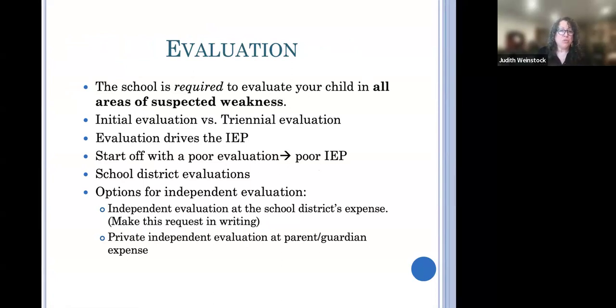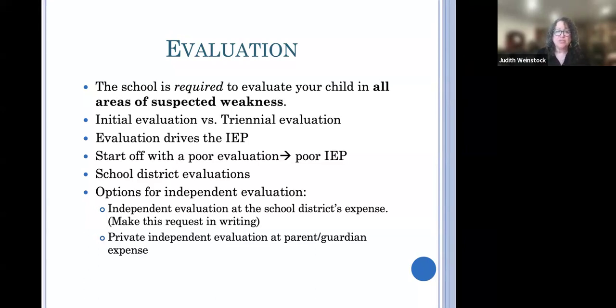Schools are required to observe and see whether certain children may be suspected of having disabilities and may need some special instruction, intervention, or accommodations to address those disabilities or challenges. This is kind of separate, but it's called a child find obligation. And once they identify a child who may have a disability, they're required to evaluate that child in all the areas of their suspected weakness.